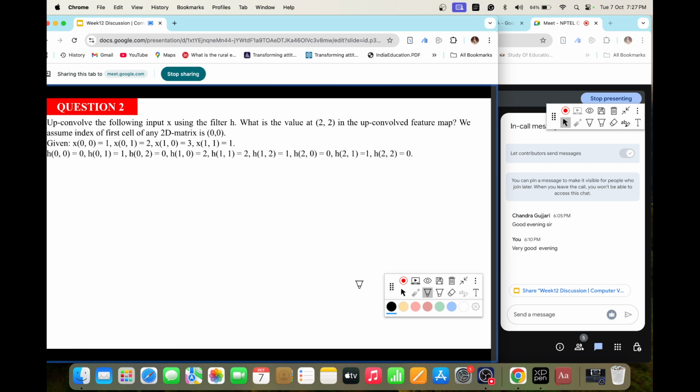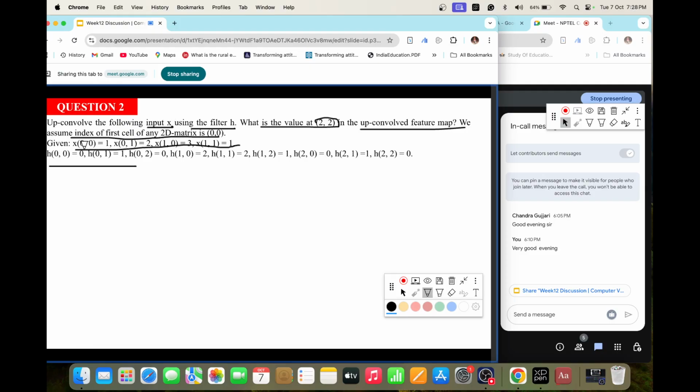Question number 2. Upconvolve the following input x using the filter h. What is the value of (2,2) in the upconvolved feature map? We assume the index of the first cell is 0. So this is the input matrix, that is x00. That is nothing but a 2 cross 2 image matrix. Okay, x is your input image, h is your filter.